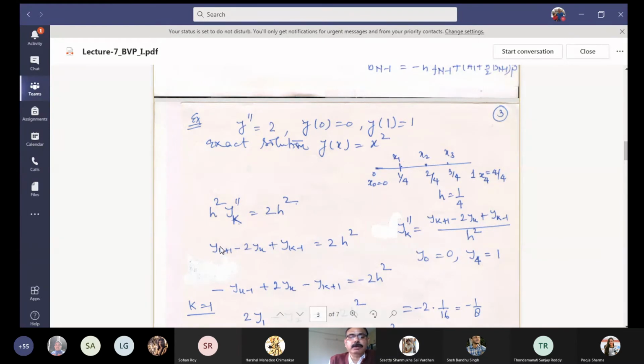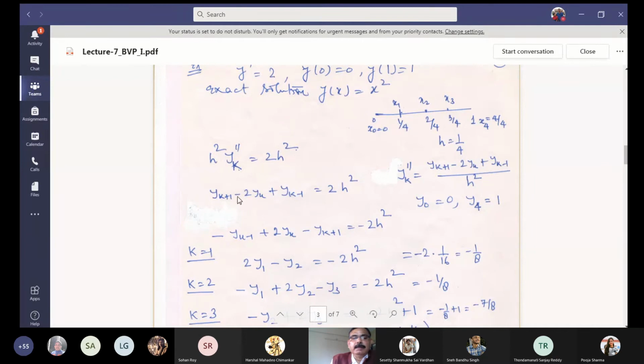So this will be y2 minus 2y1 plus y0 equal to 2h square. The first equation will be this one. Is that right? Yes, sir. But what is y0? 0. So you get the equation modified.